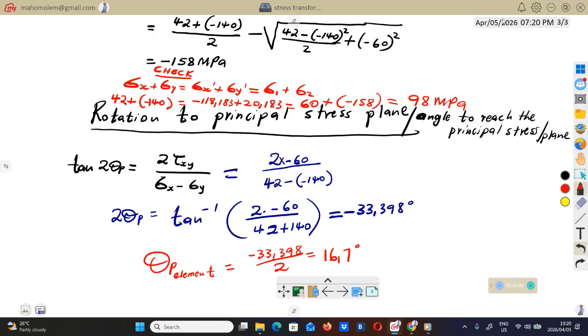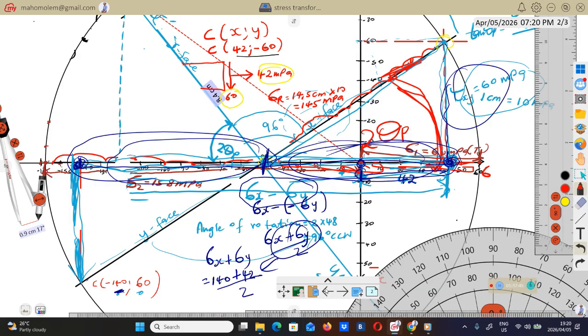What does this mean? It means that from this plane, this black line, to the principal plane, you have to rotate this line from here to there in a clockwise direction. Clockwise means negative, that's why our angle is negative.